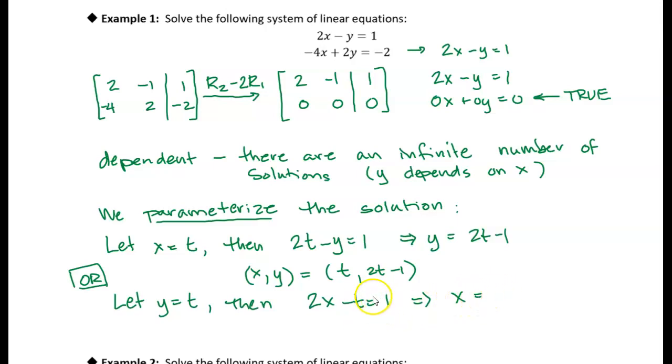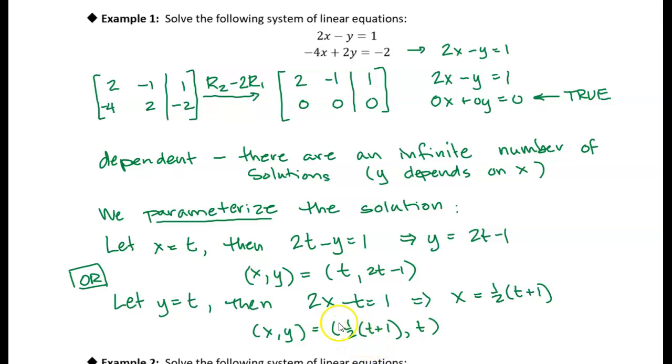So if I add t to both sides and then divide by 2, I end up with 1/2 t plus 1. Okay. So another parameterization could be that the x value is 1/2 t plus 1, and the y value is t. That would be an alternative parameterization of that solution.